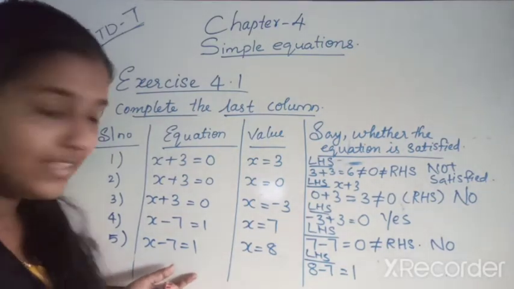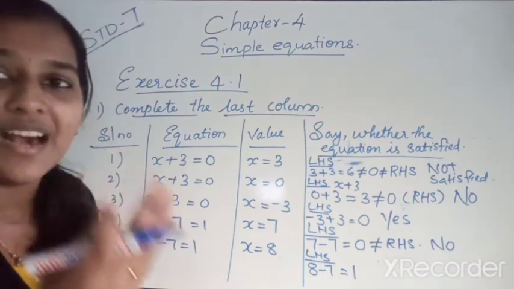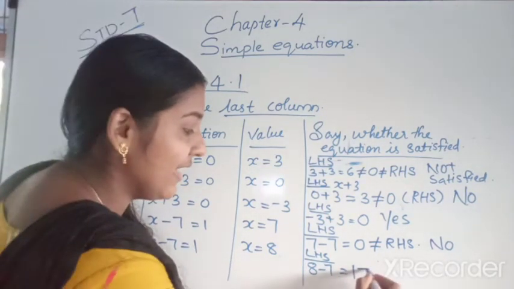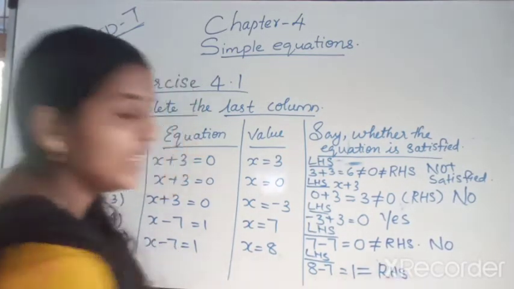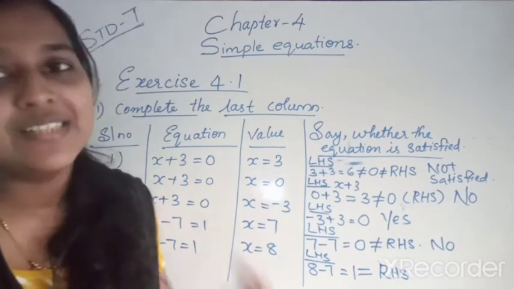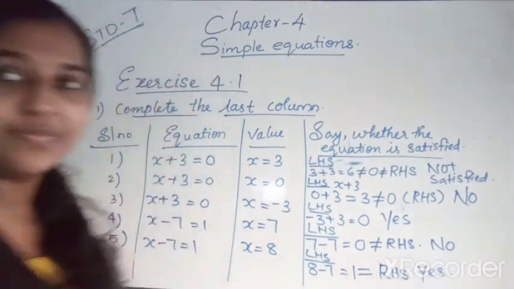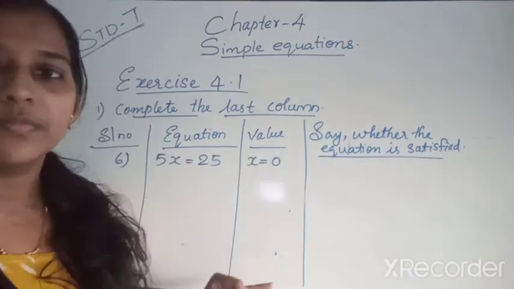That is 1. Yes, so we got LHS and RHS both as equal. So you can write here LHS is equal to RHS. So this equation is satisfying. So you can write here yes. Clear, children? Okay. Now the next one.